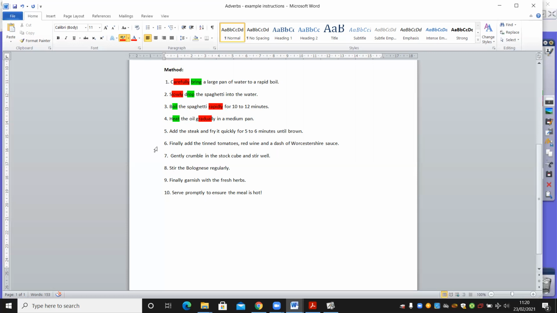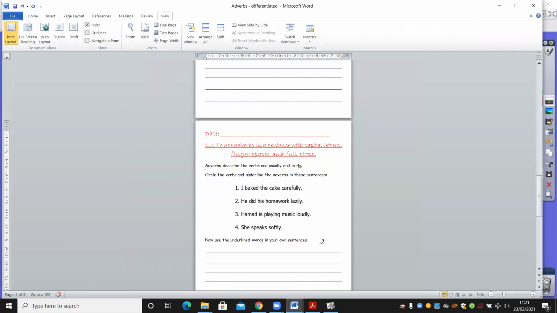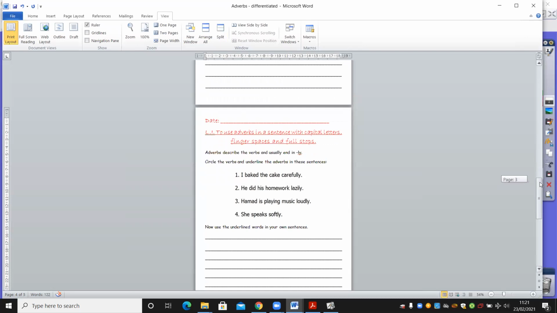Once you have done this and you have identified the verbs and the adverbs in this set of instructions, in your pack you can find differentiated tasks which are going to help you practice identifying and using adverbs in your own writing. If you can't find them in a pack, they are going to be attached to the tapestry post.